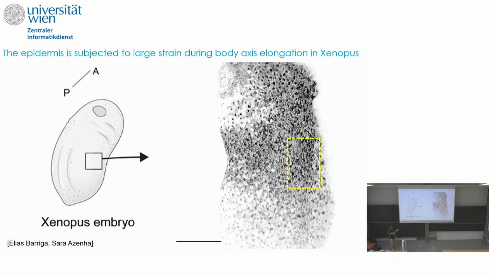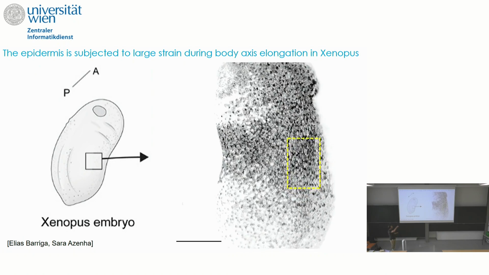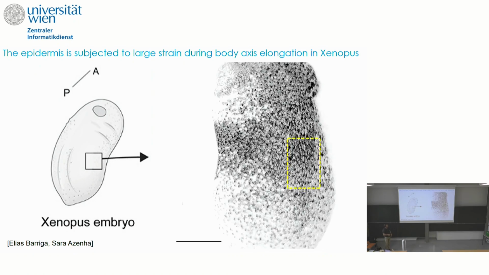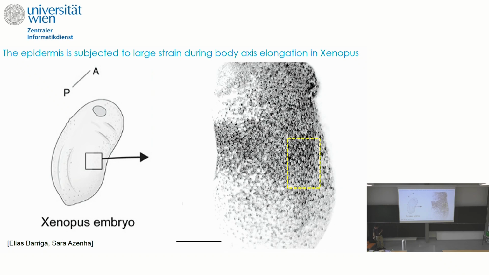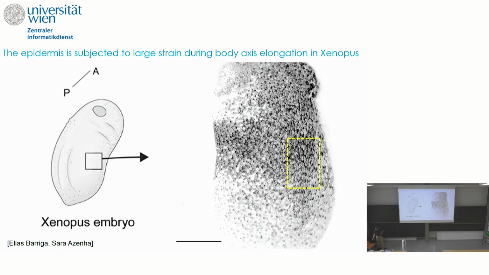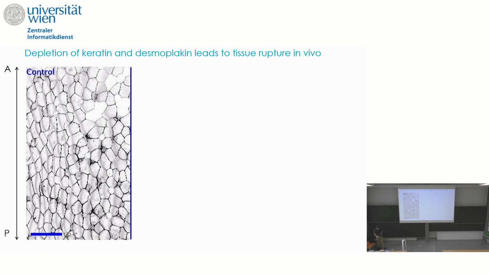Okay, so what you can see if you look at this tissue is that cells appear to become elongated over time, and here I'm showing you a 10-hour time frame, and the type of deformation that they reach is on the order of 40%. So we can look at this at higher magnification.